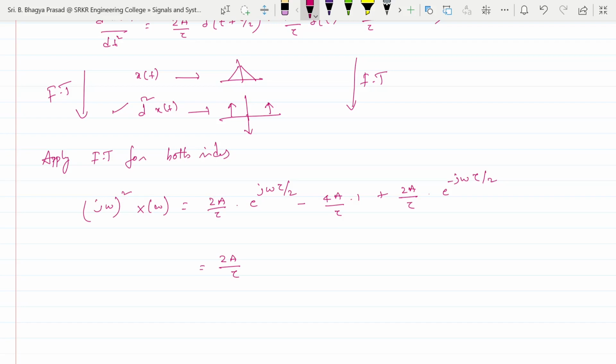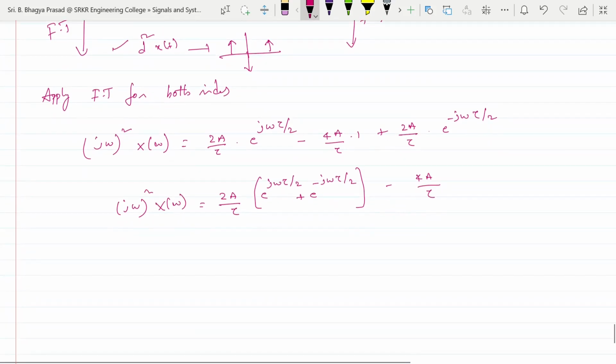So 2a by tau (e^(jωτ/2) + e^(−jωτ/2)) minus 4a by tau. So this will be (jω)² X(ω), and j squared is minus, right.